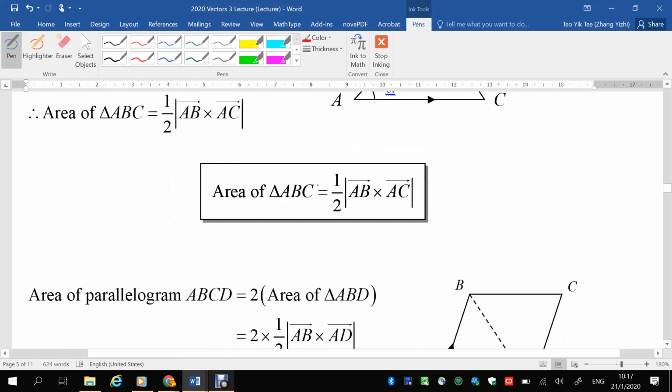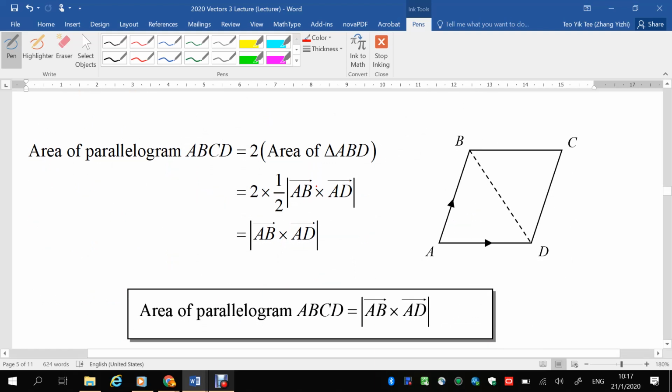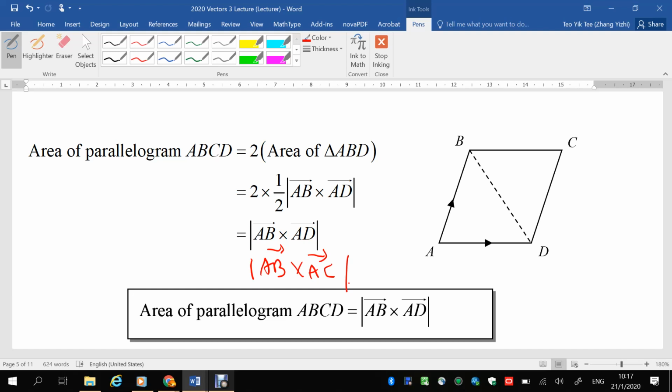Then similarly, when it comes to the area of a parallelogram, here I use AB, AD. Can I use AB, AC instead? Cannot. Can I use AD cross AC instead? Think this way: the area of a parallelogram is twice the area of the same triangle.